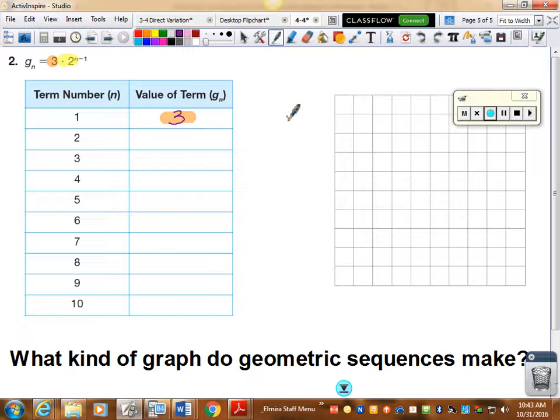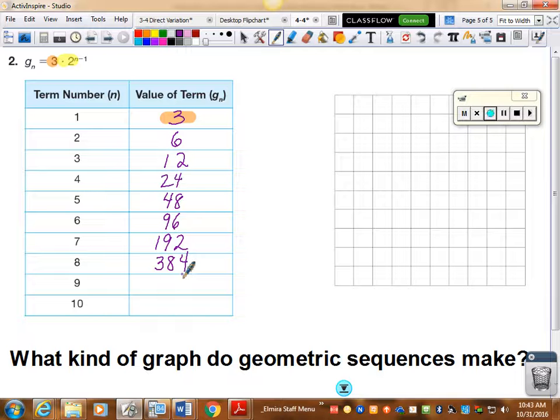So 3 times 2 is 6, times 2 is 12, times 2 is 24, 48, 96, 192, 384.